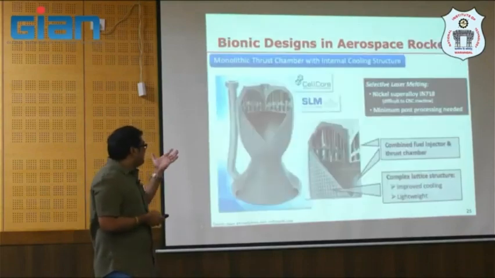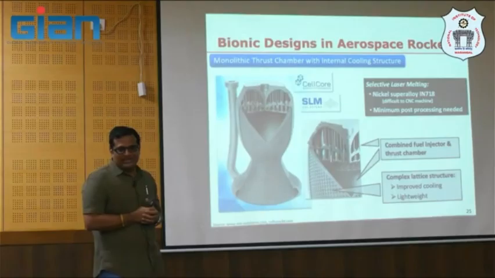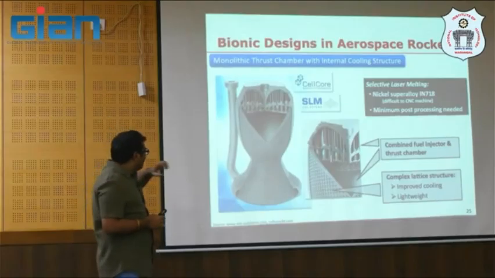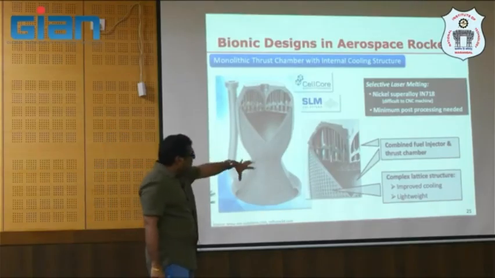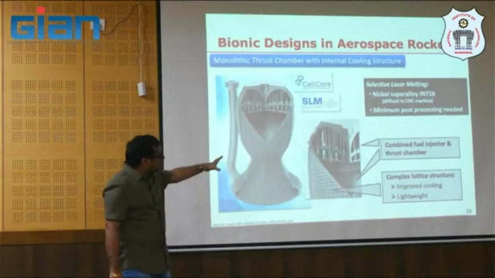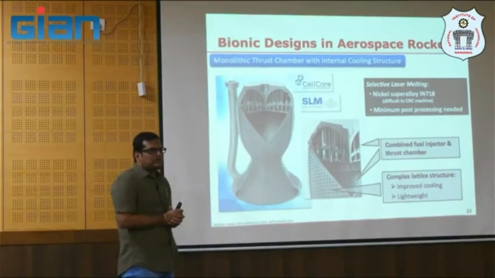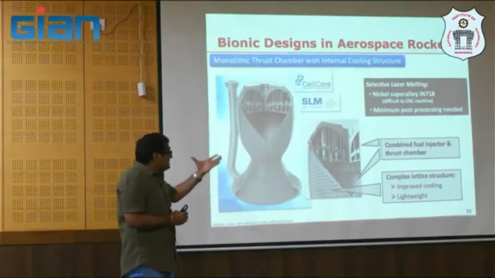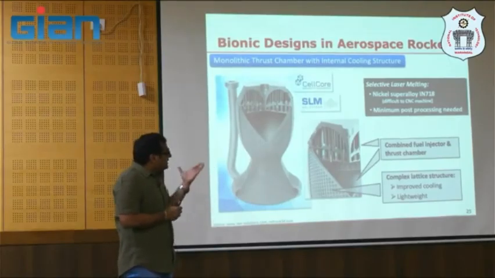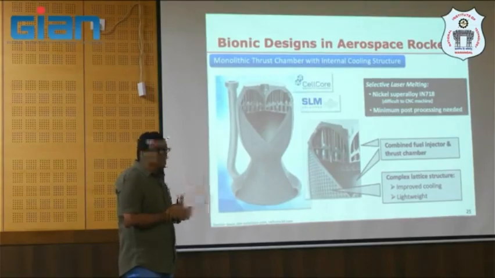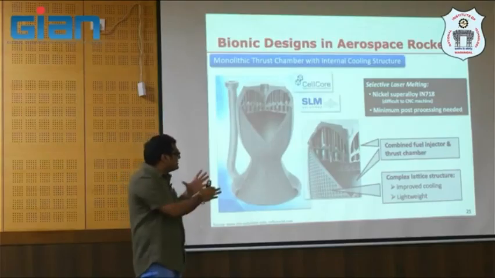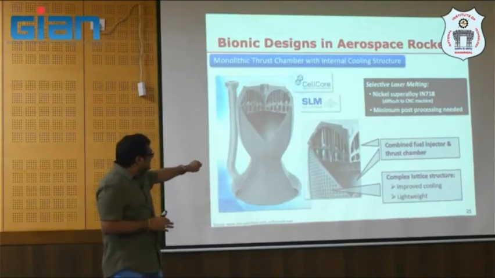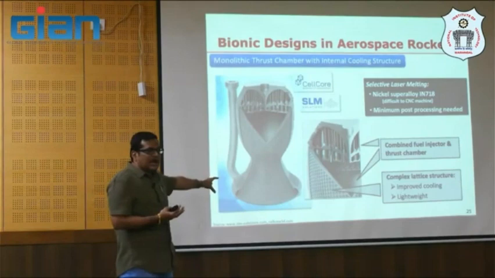Yeah, and monolithic structures where you can make it an integral part of, say, your fuel injector and the thrust chamber, make it in a single setup. You can say your AM, it is an Inconel super alloy, Inconel 718. So how you can make use of this technology, like here again you are taking inspiration from lattice based designs.